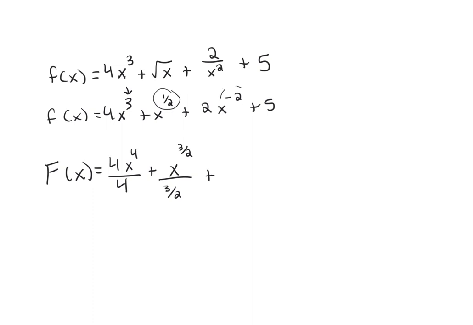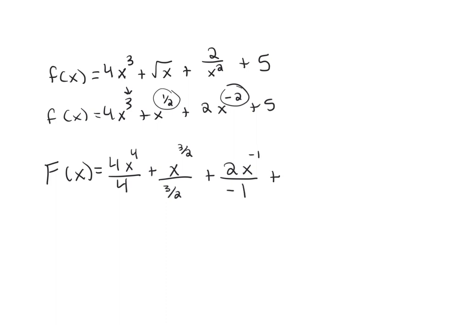Plus, okay, we need to add 1, so 2x to the power of -1. I mean, it's bigger, but it's a smaller negative. And then divide by that power.